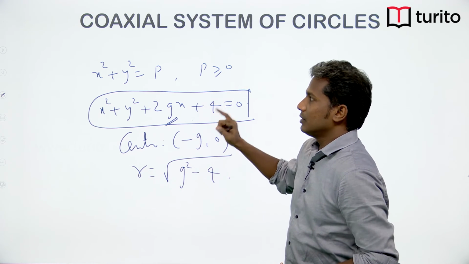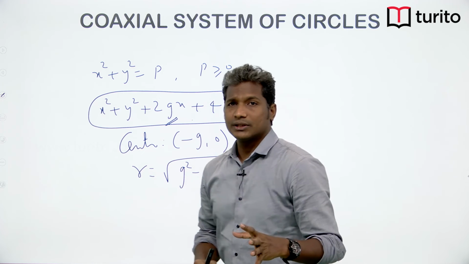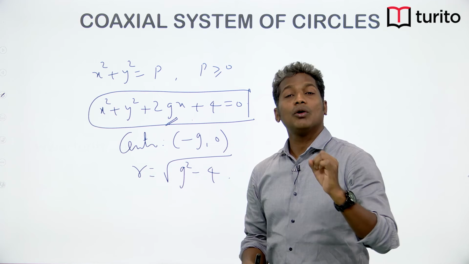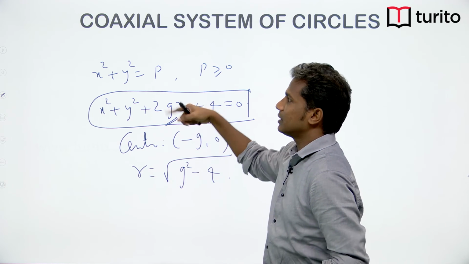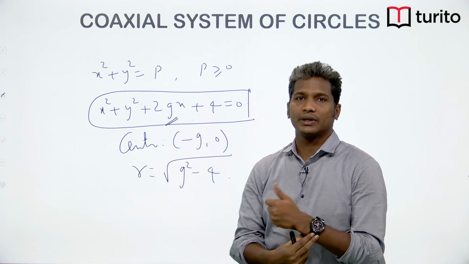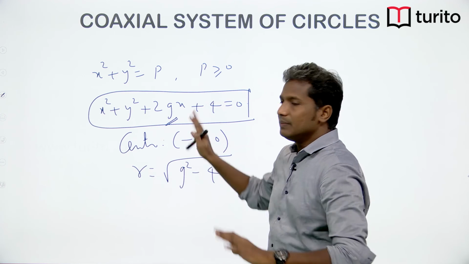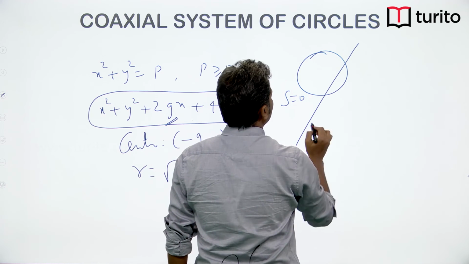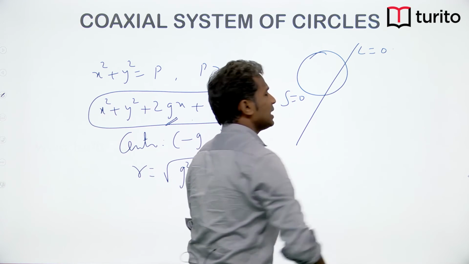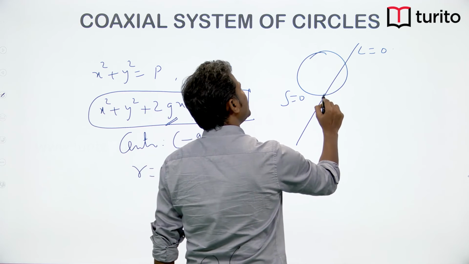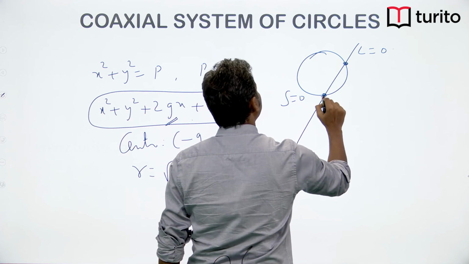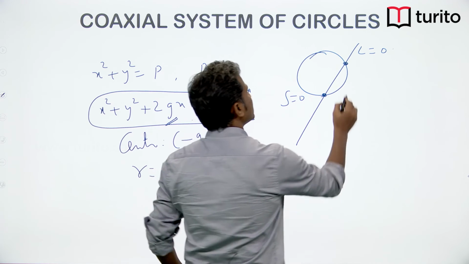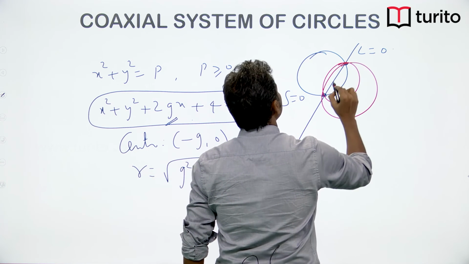Now, when we write a family of any curves, there is always one parameter involved. That parameter represents the common property. So, here the parameter will be directly linked to the common property. Similarly, if I take any one circle as S equal to 0, and a line as L equal to 0, passing through these 2 points of intersection, how many circles are possible?